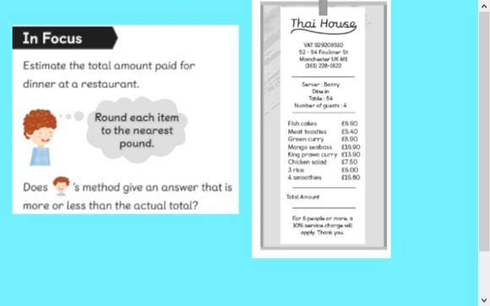If you're asked to estimate something, you're trying to make a best guess, an educated guess, a guess where you've used some mathematical knowledge, but you're not looking for the exact amount. It's being able to do things in your head. So the question there is, does the little chap's method give an answer that is more or less than the actual total?